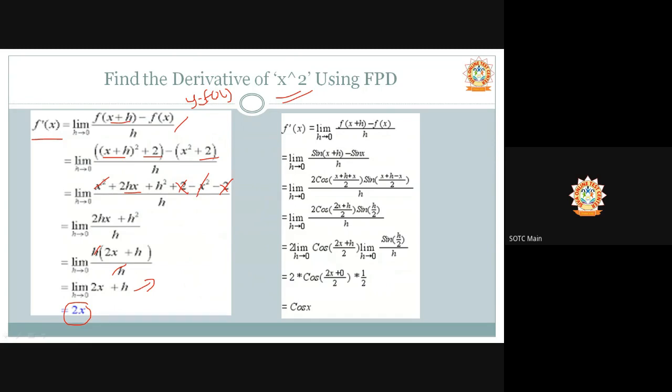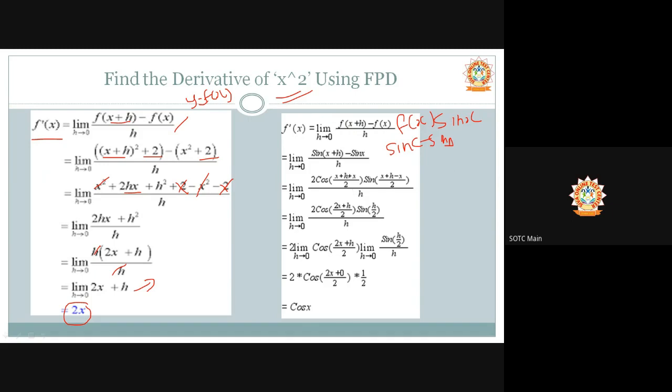Now try another example. If you want to find the differentiation of sin x, right? So here f of x is equal to sin x. Now in the place of x, we are making it x plus h, that is sin of x plus h minus sin x. Now I am applying here sin c minus sin d, so it will become 2 cos of c plus d by 2 into sin of c minus d by 2, whole divided by h.